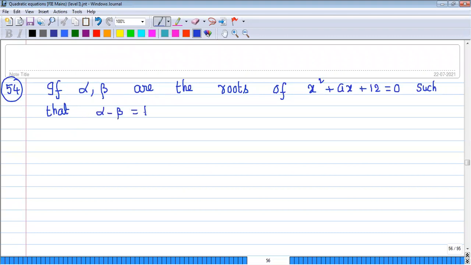That means the difference of the roots is equal to 1. Then a equals to: first option 7, second option -7, third option plus or minus 1, fourth option plus or minus 7.